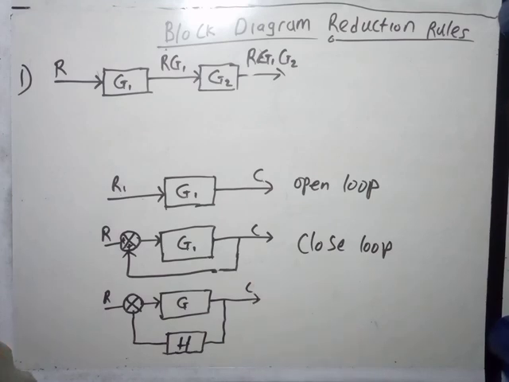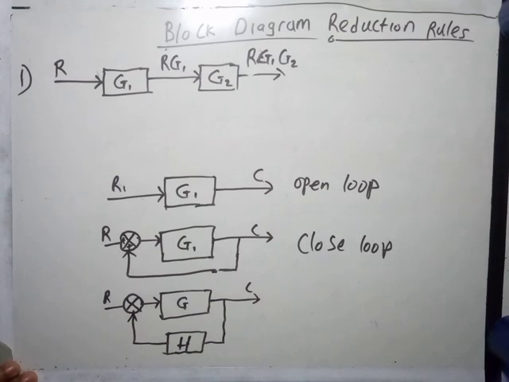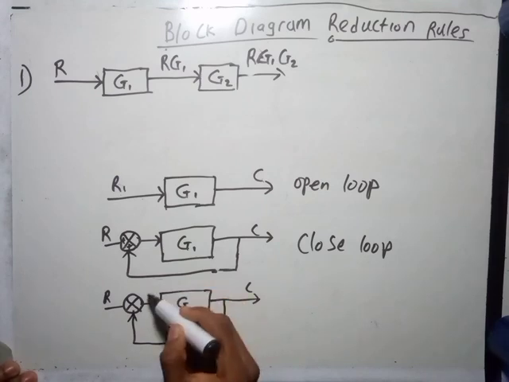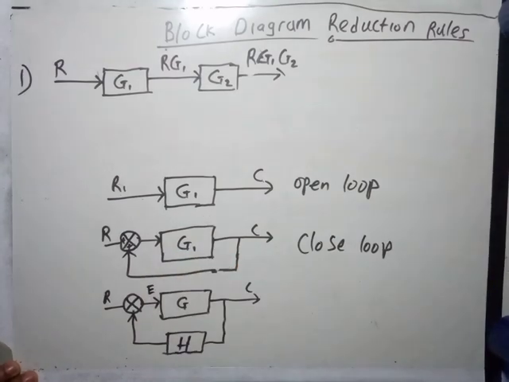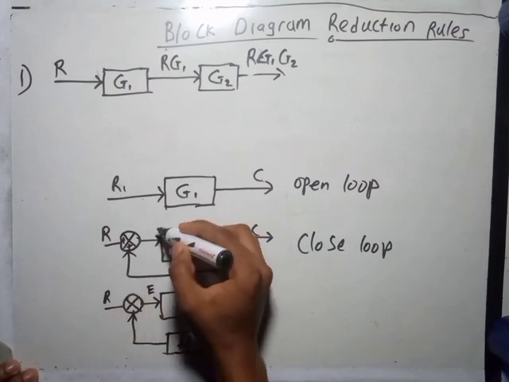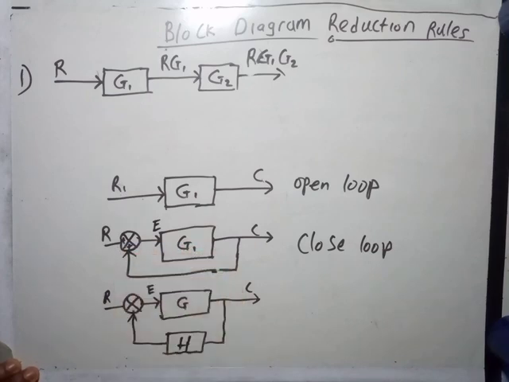Another thing I forgot to say is that the algebraic summation that occurs in your summing point normally results in what you call your error signal, normally represented as E. So at this point, you have your error signal after it has gone through your feedback loop and done its algebraic summation here.